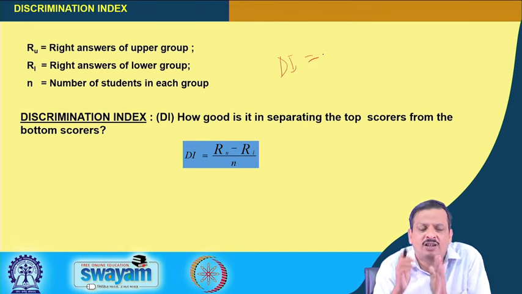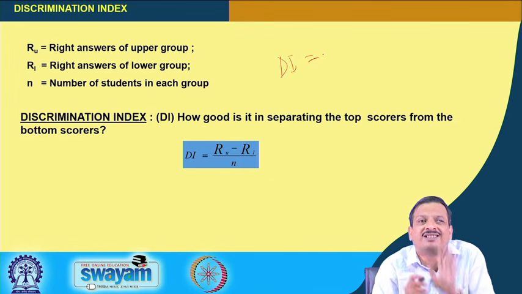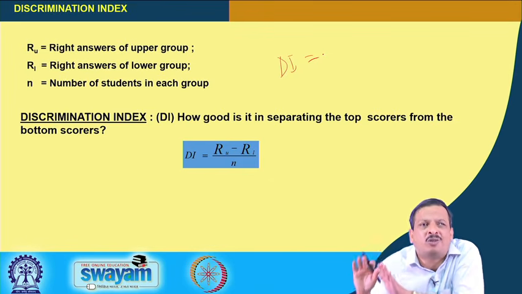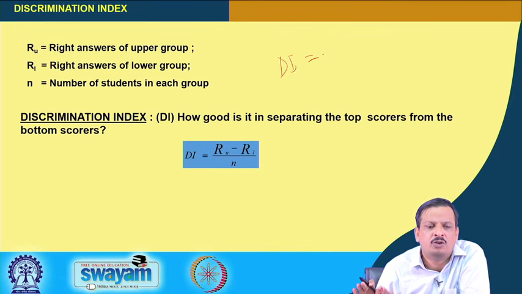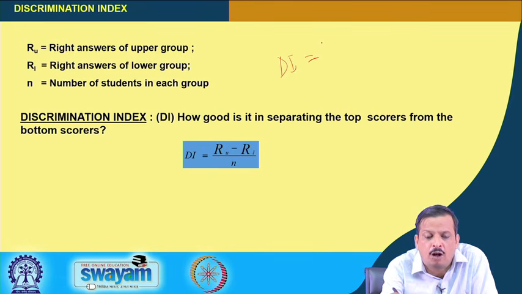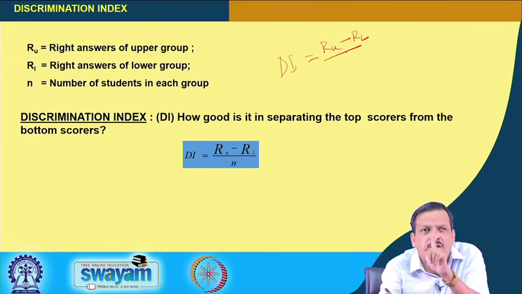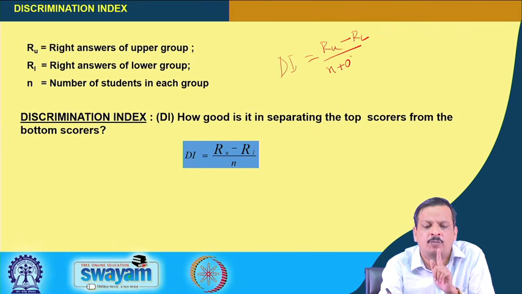So, in the calculation of the DI value, I only consider the upper group marks; the lower group students I am not considering. That means marks obtained by the upper group minus marks obtained by the lower group, divided by n, the number of students in the upper group, plus 0 students in the lower group, into the total marks of the question.